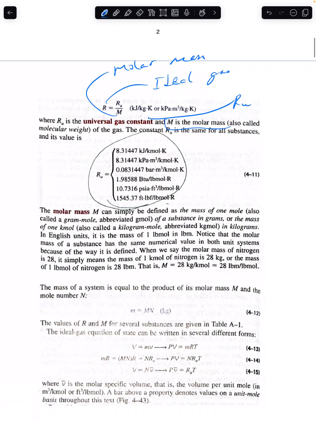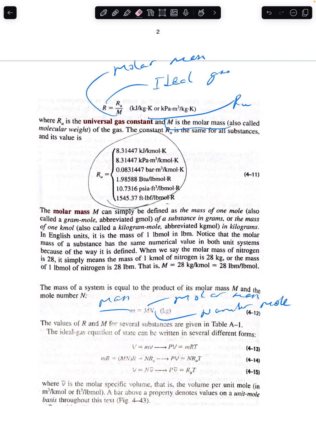So in the case you want to determine the mass, this small m is the mass. Well, you can determine the mass if you have the molar mass and the number of moles.